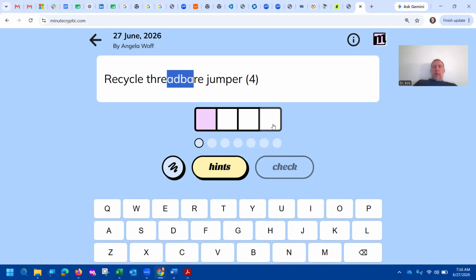A jumper. Let's go back to jumper as a definition. Is that an outfit? Is that some sort of a shoe? What's a jumper? Is that like someone wears jumpers? Isn't that like a pair of pants of some sort?